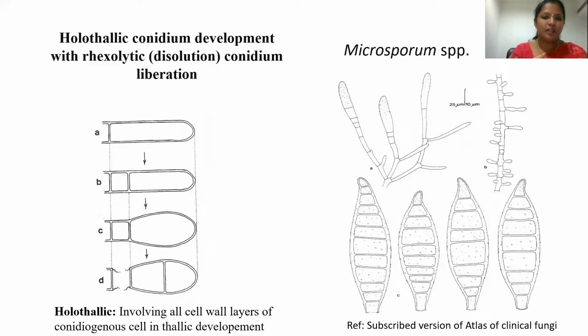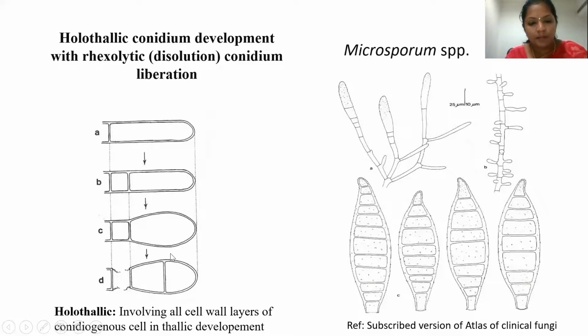So in holothallic, from this conidiogenous cell, the septations will be developed, and after maturation, the cell will dissolve by lysis or fracture. So it is holothallic conidiation with rhexolytic conidium liberation.